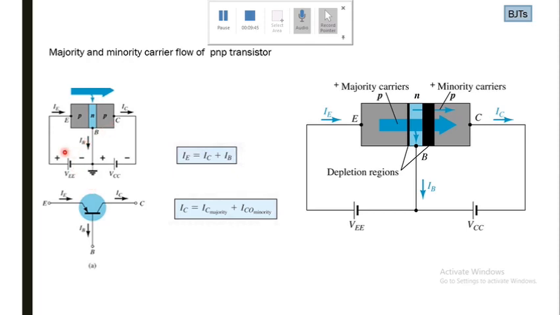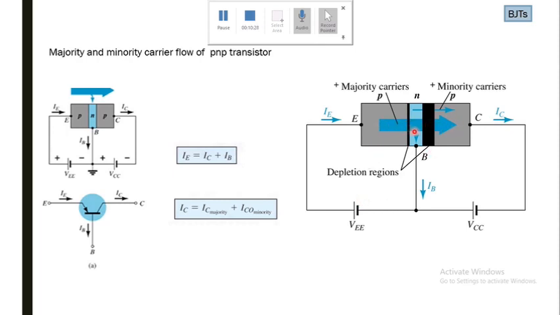With the base-emitter junction forward biased and the base-collector junction reverse biased, the majority carrier flow is shown here. In this diagram, it is shown more clearly that majority carriers, which are holes in this case, are flowing from emitter to collector.